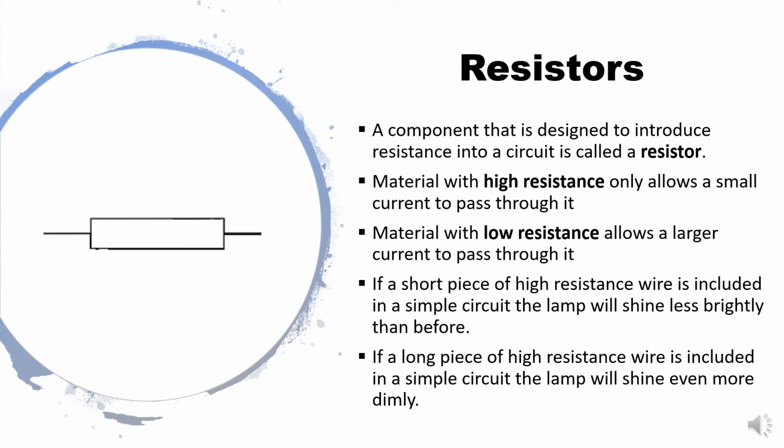If a short piece of high resistant wire is included in a simple circuit, the lamp will shine less brightly than before. If a long piece of high resistant wire is included in a simple circuit, the lamp will shine even more dimly.